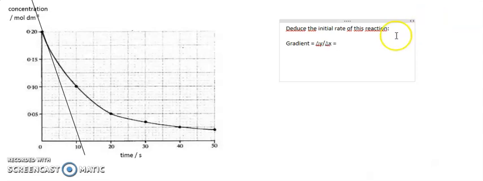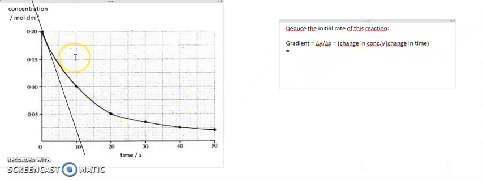And in our case, that will be the change in concentration divided by the change in time.